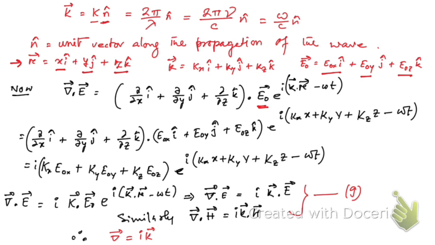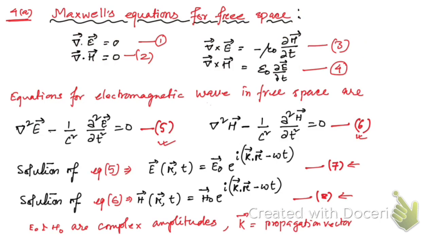Here we take the divergence of E. This del vector is del by del x i cap, del by del y j cap, del by del z k cap, dotted with E. Let me go to the previous slide. Here I have already written that E is equal to E naught e to the power i (k dot r minus omega t), right?